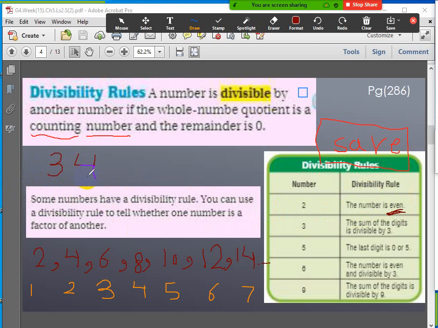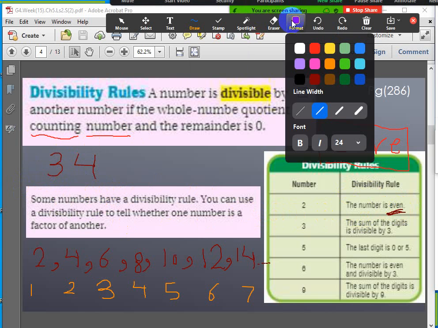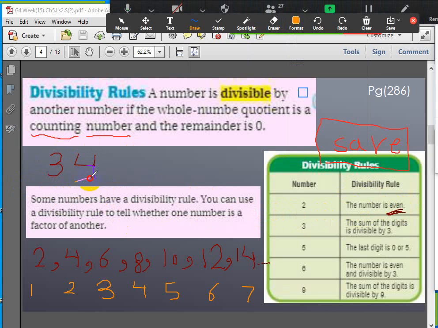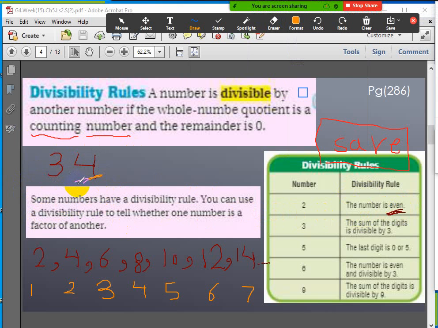I will look at the ones digit. The ones digit is 4. The ones digit is an even number. 4 is even. That means this number is even. If the ones digit is even, the whole number is even, and I can divide this number by 2.